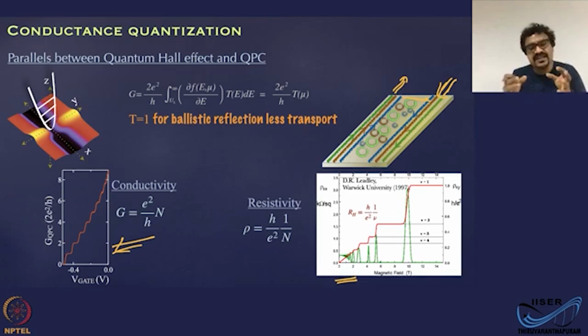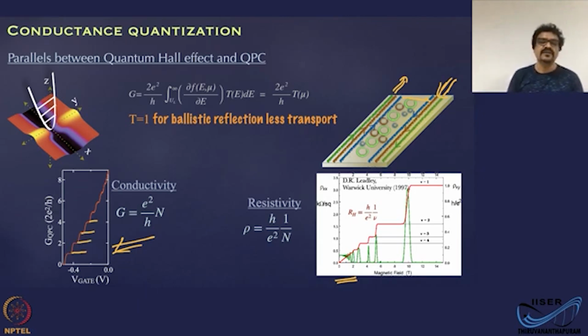So you can still expect some minor scattering from the sharp potential edges, potential coming from the gates or impurities around. That can actually contribute some amount of backscattering, some of which is responsible for not having the steps exactly at e square by h as you change the gate voltage.